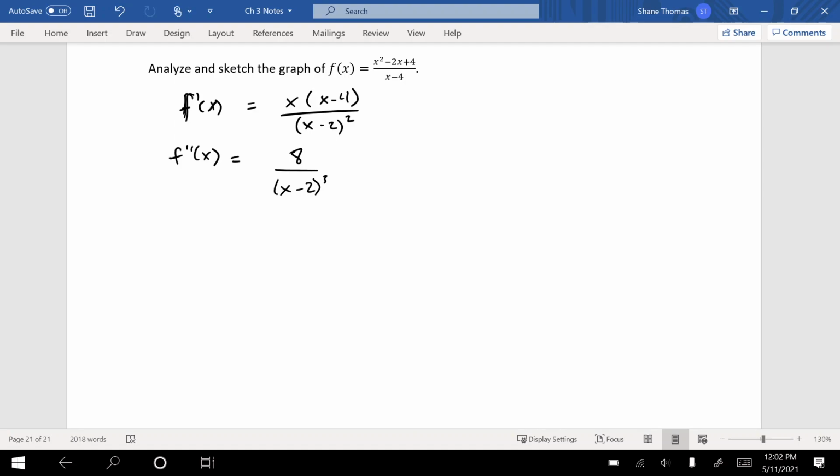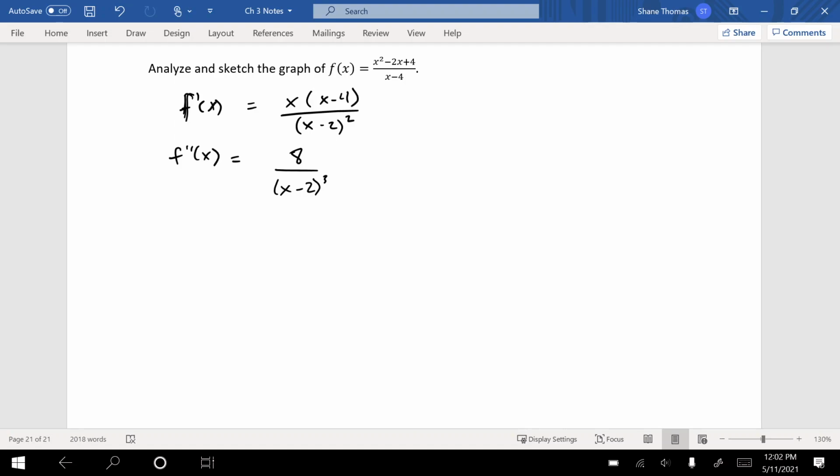All right, x-intercept. I would set it equal to 0, right? Can I factor the top here? I don't think I can. 1 and 4, 2 and 2, the one gets me negative 2.